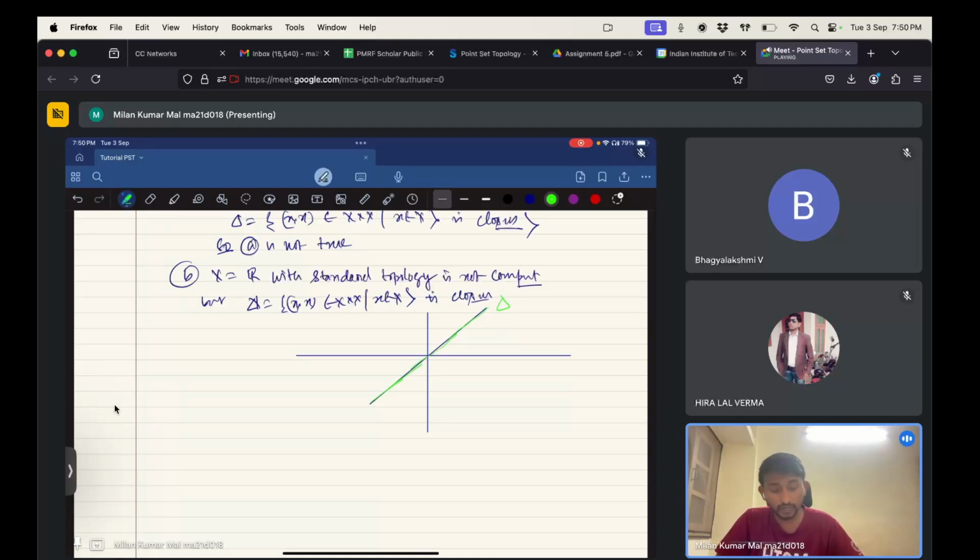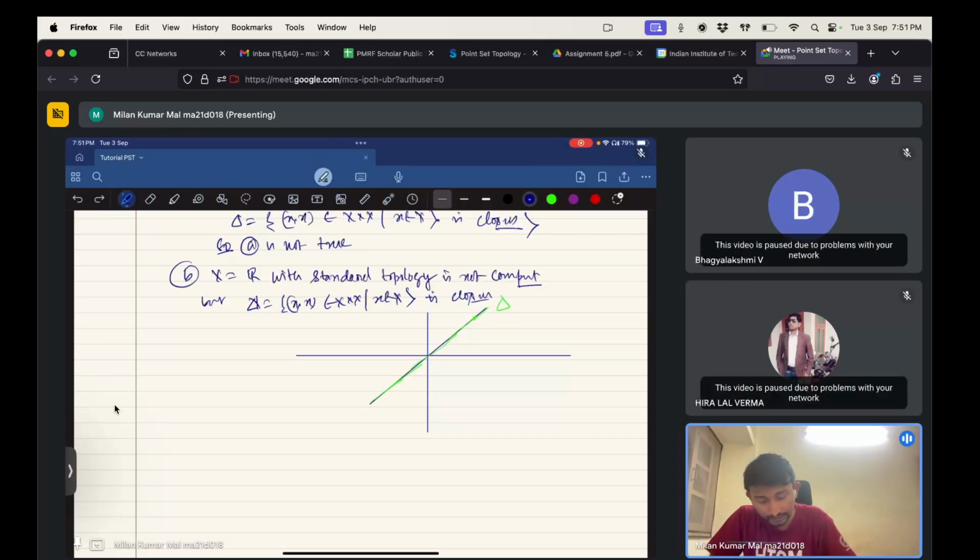I mean, if I take a sequence of points coming from this line which converges to some point, that limit will also be on that particular line. Okay, this is closed.